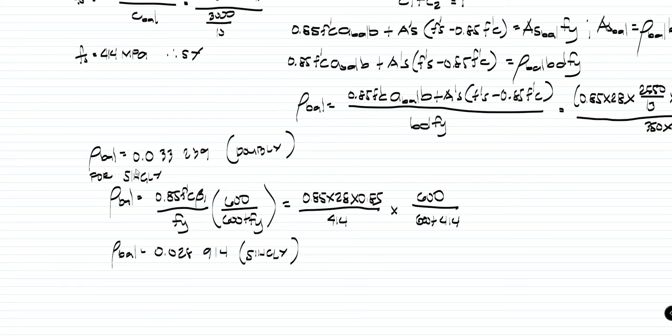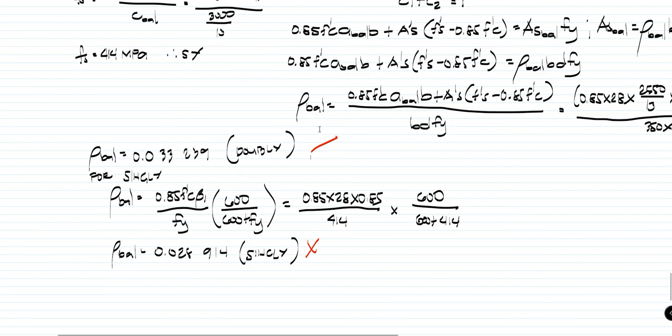So as you can see, the balance steel ratio for the doubly is larger than the balance steel ratio for the singly. So this is now the reference point to determine whether our beam is over-reinforced or not. Since our beam is not singly, the singly value will not be the reference. Our reference is the one for doubly, which is 0.033239.